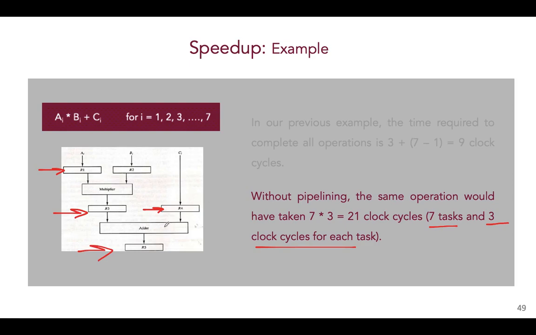So 3 clock cycles for one task. One task means one value of I, and you just multiply that by the total number of values of I, that is 21. So you can see 9 versus 21, and this is speed up. This is the speed up that pipelining provides when compared to non-pipeline systems. So this is simple enough.